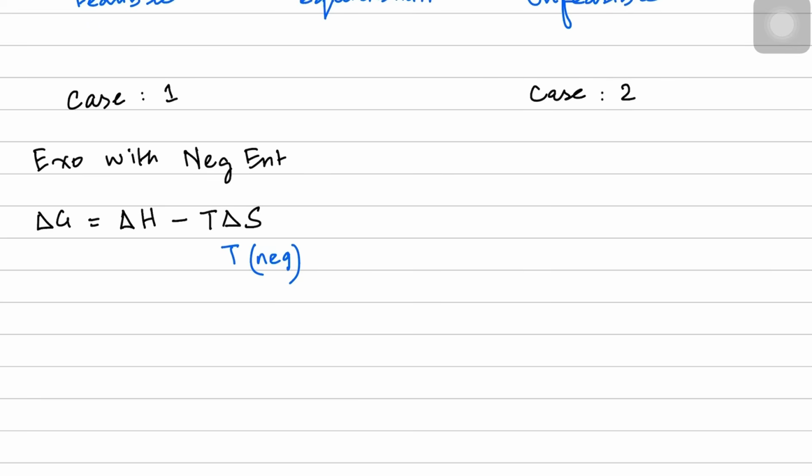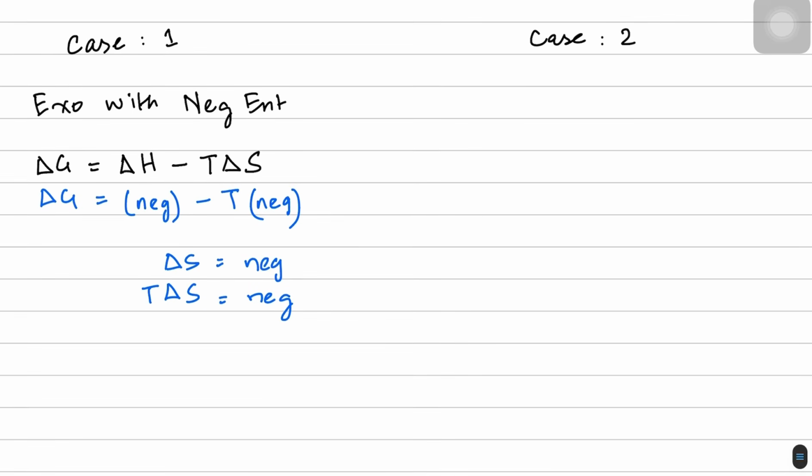The T comes from the equation, the minus comes from the equation, and enthalpy change is obviously again negative. So delta G is equal to this. If delta S is negative, then T delta S is also negative because temperature is always a positive value.